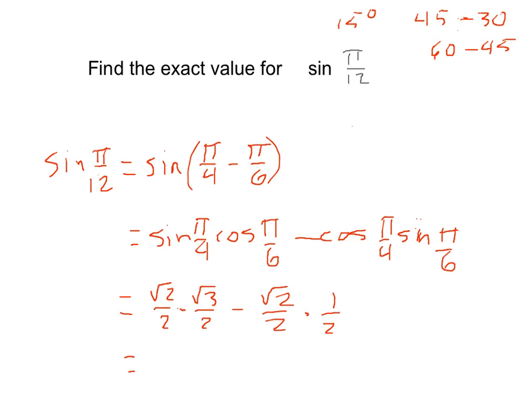And so when we break this down, we have our common denominator of 4, and our numerator will be square root of 6 minus square root of 2. So, great application of finding exact answers of angles other than some of the ones on our unit circle. We certainly have to fall back and rely on the ones on the unit circle though.